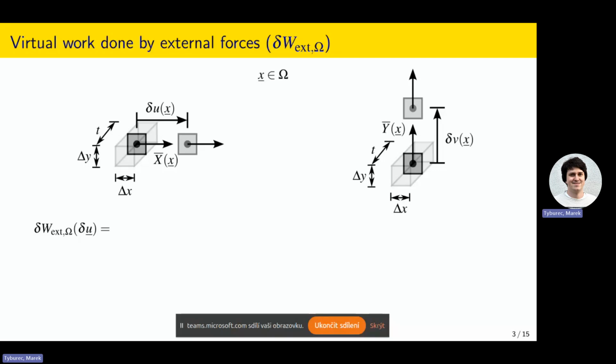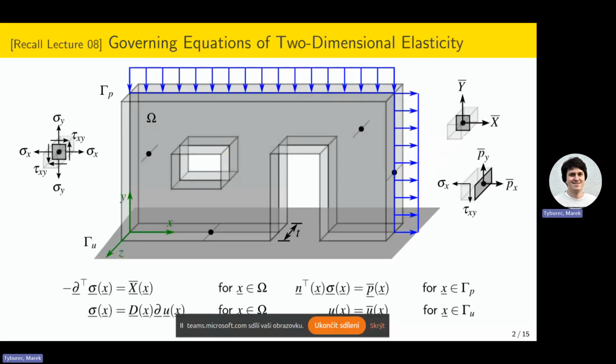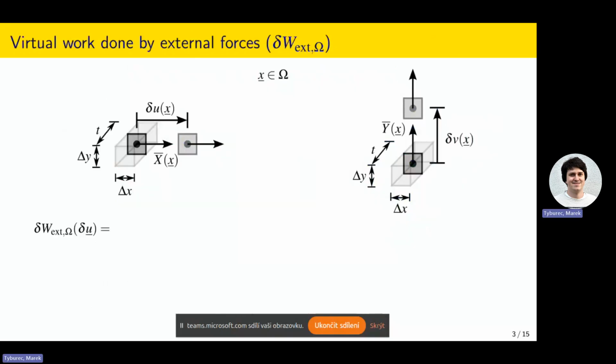Now recall that if we do this integration, the whole domain will be an area. And if we go back to the previous slide, it will be the domain omega. So this integral is also t over omega.